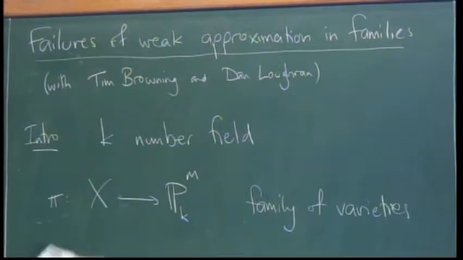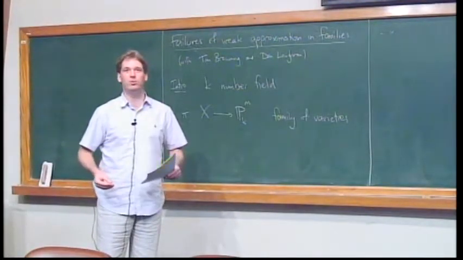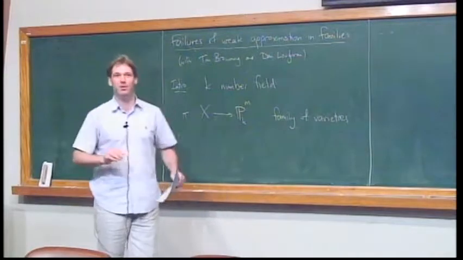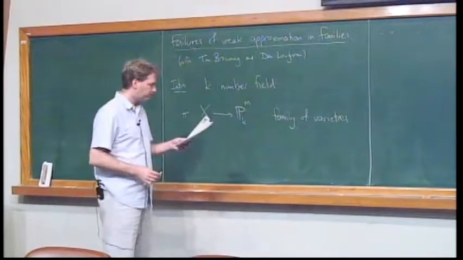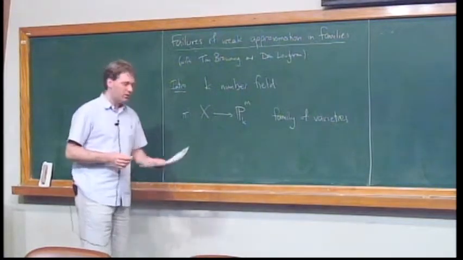So the fibers are going to be proper. They're mostly going to be smooth. They're going to be geometrically irreducible, probably. When I write a specific theorem, I will make this more precise. So what type of questions do you want to ask here?